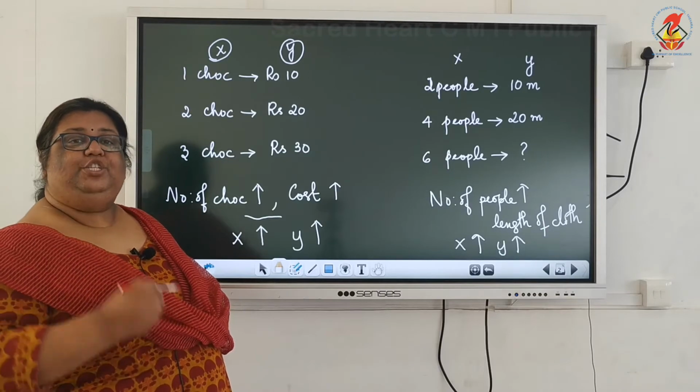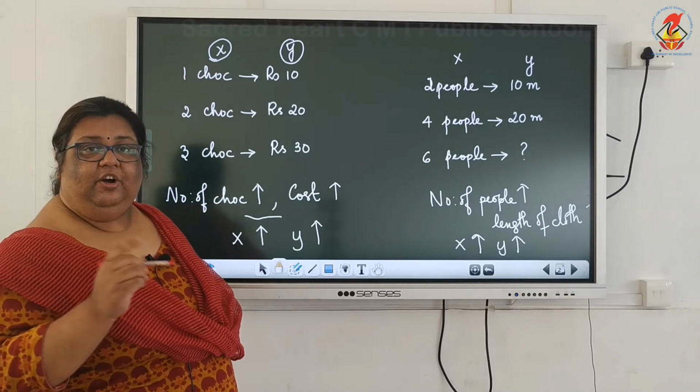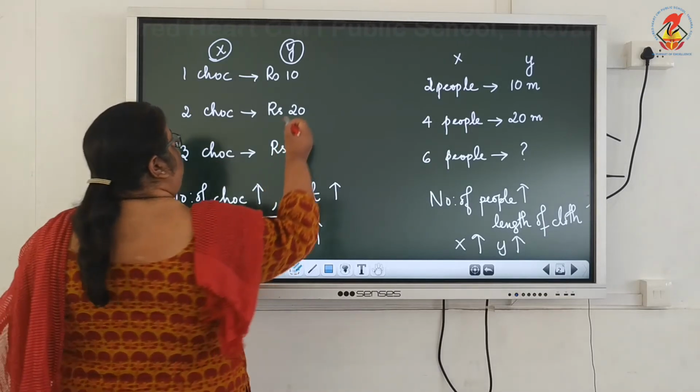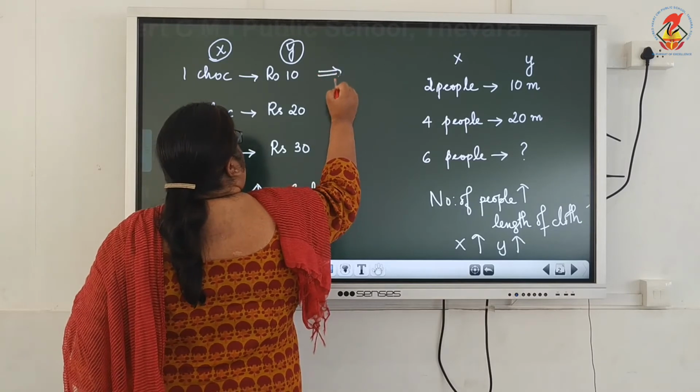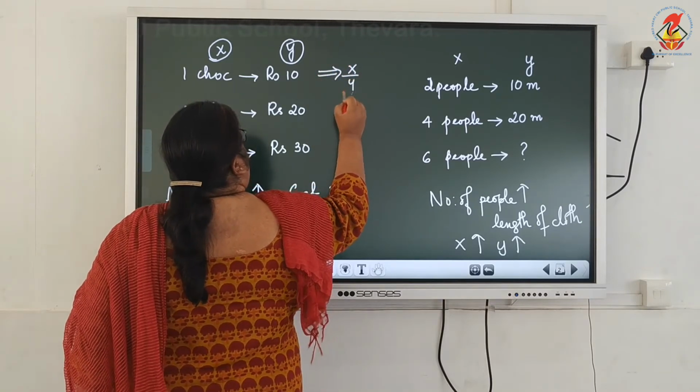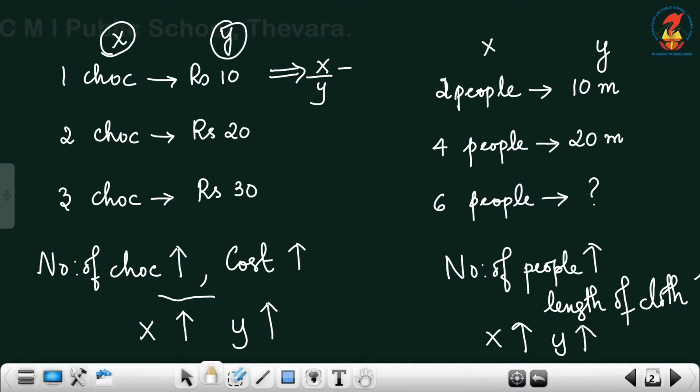Then their ratio will be a constant. Let me just take the ratio here. X by Y. 1 by 10. Number of chocolates by cost. Here also X by Y. It will be 2 by 20, which is same as 1 by 10.